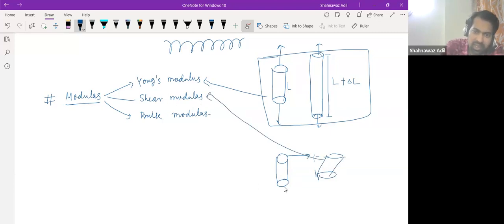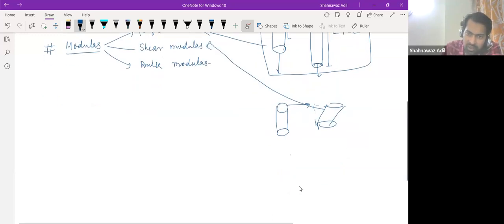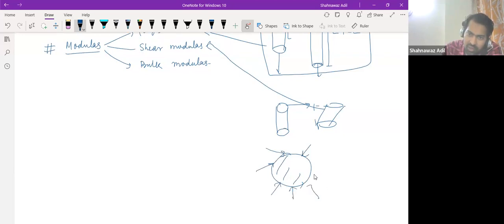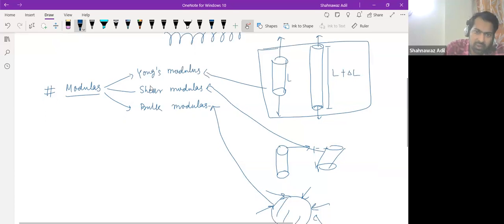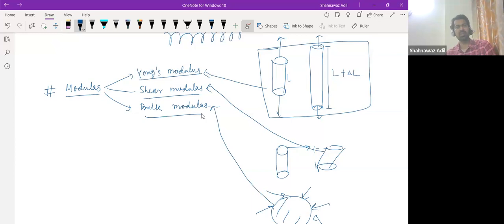And then you have this liquid, and you're applying the force in every direction. This kind of thing is called the bulk modulus. We will see what these strains and stresses are. Depending upon those stresses and strains, we will have these moduli.